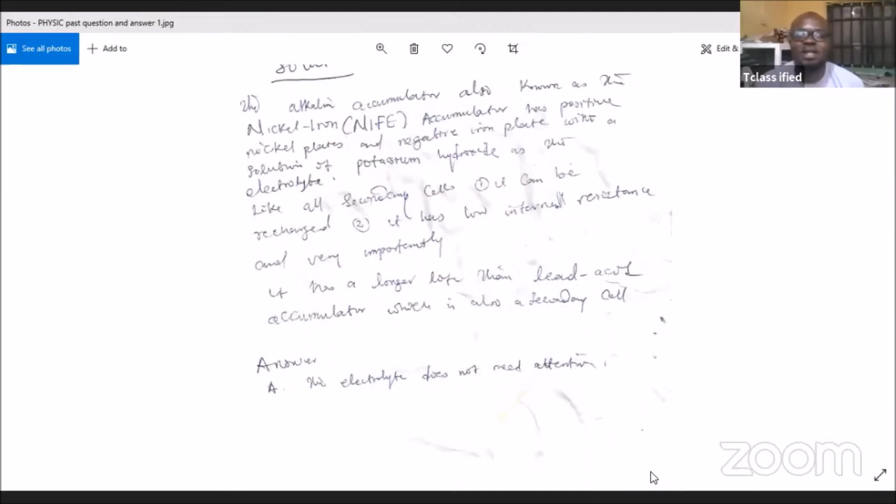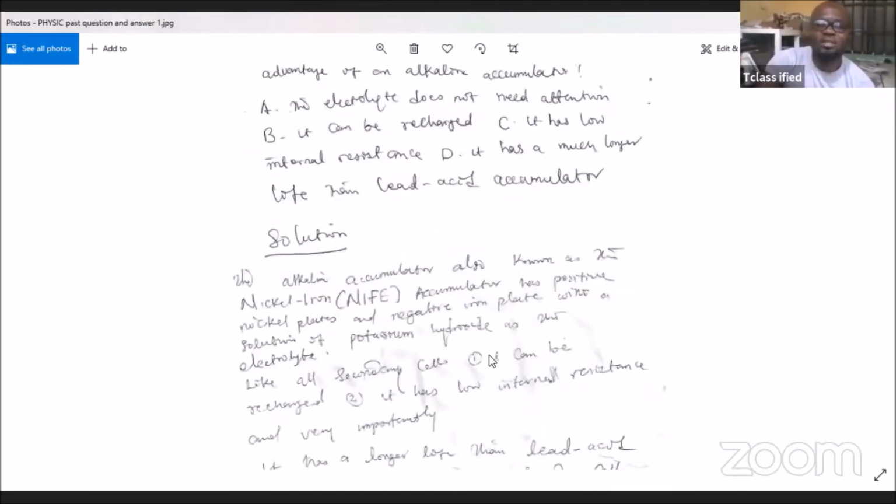And also, the nickel iron accumulator has a longer lifespan than the lead acid accumulator, which is also a secondary cell. So you can see that three of what is up there is already listed. It can be recharged, it has low internal resistance, and it has longer lifespan. So with that, you can easily pick out the answer.